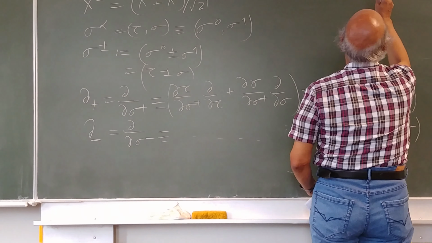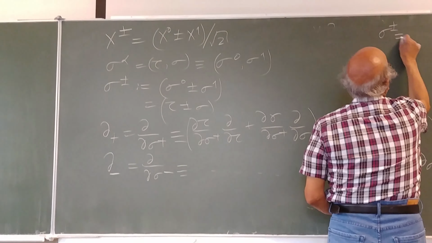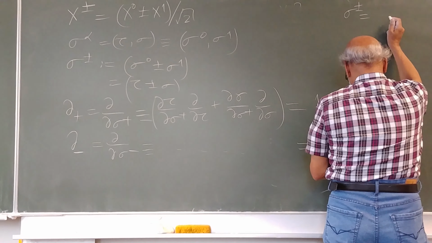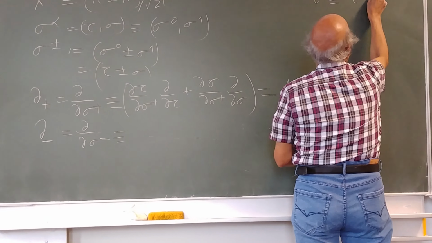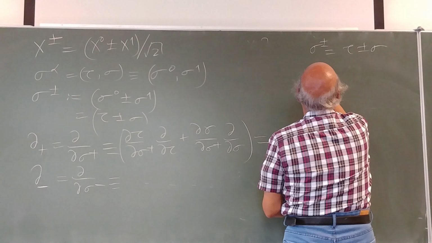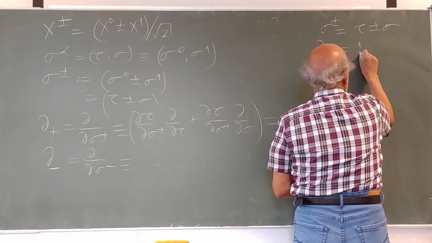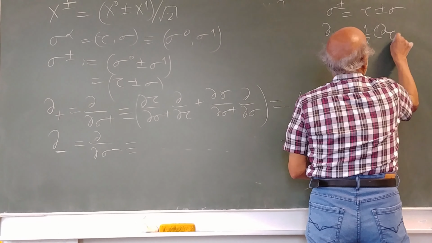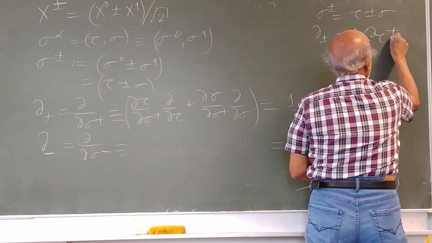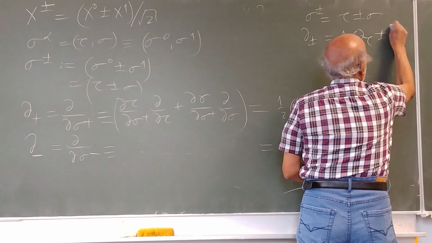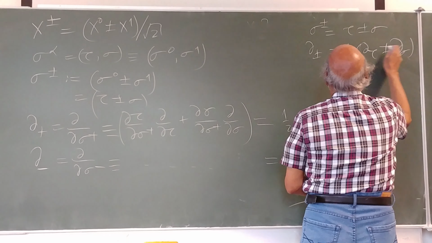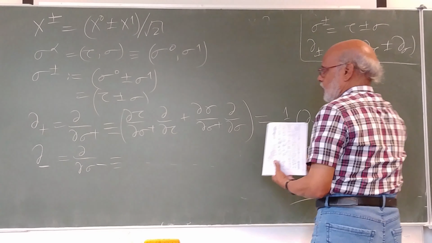So we conclude here that sigma plus minus is tau plus minus sigma, and del plus minus is 1/2 del tau plus minus del sigma.